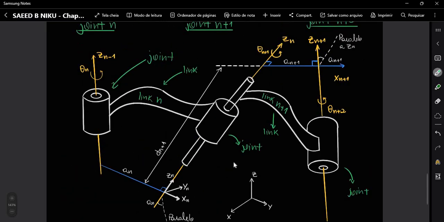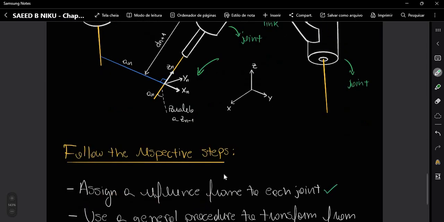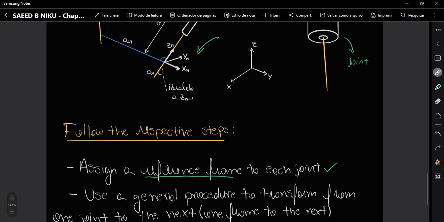So as you can see on this joint, as we are naming it N1, we are assigning a reference frame. We are assigning the z-axis, the x-axis, and further on this explanation you will see that we do not need the y-axis, just the z and the x-axis.